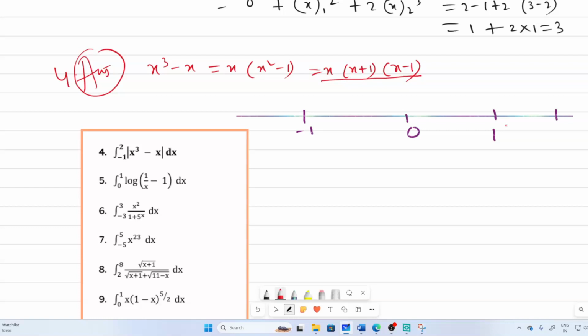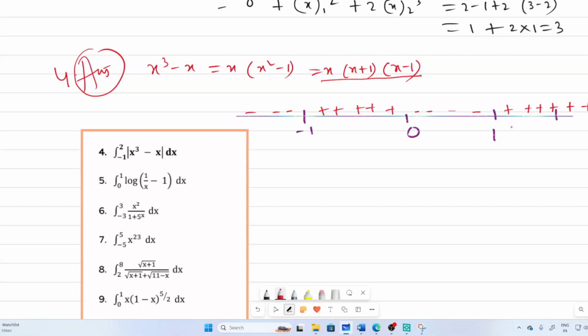What are the intervals? Minus infinity to minus 1, minus 1 to 0, 0 to 1 and 1 to infinity. And you know, beyond the greatest critical point the sign is always positive. So put plus signs. Then alternate plus and minus, because the indices are all odd. Plus, plus, and here minus.